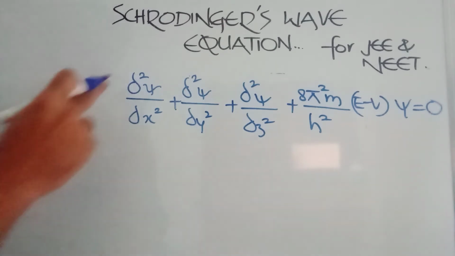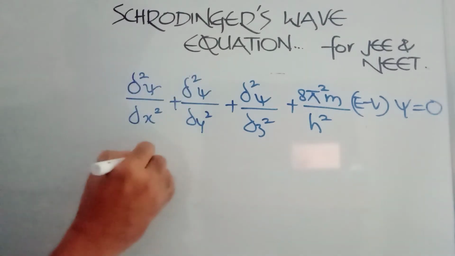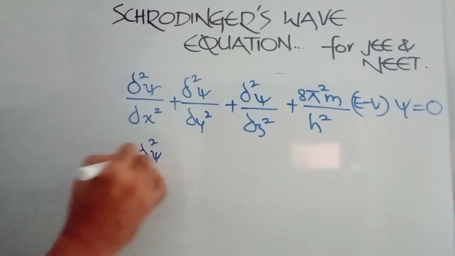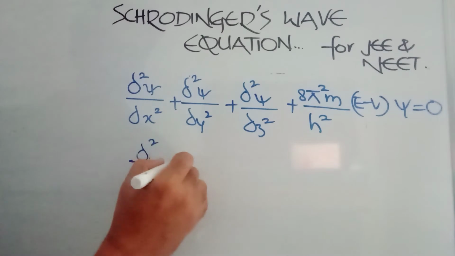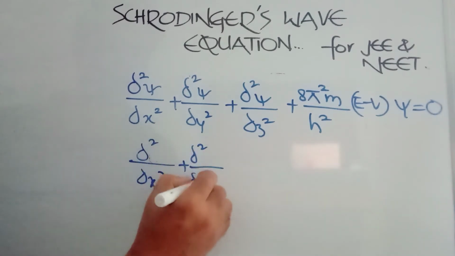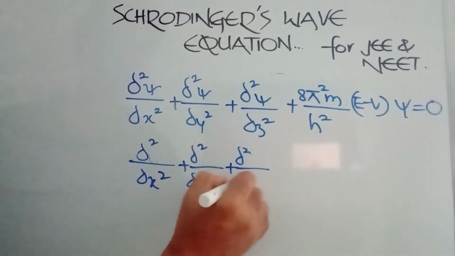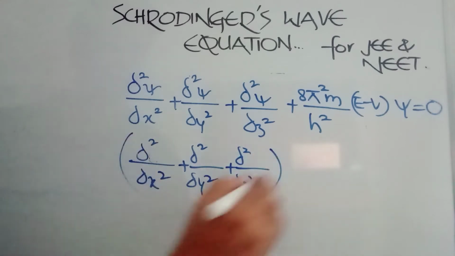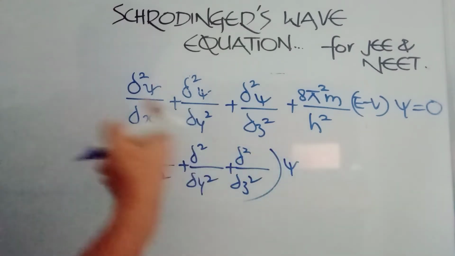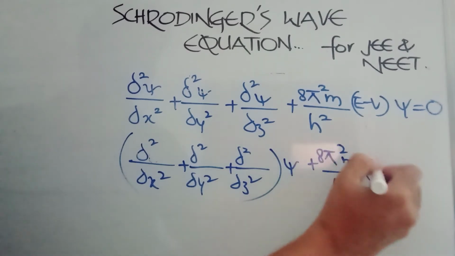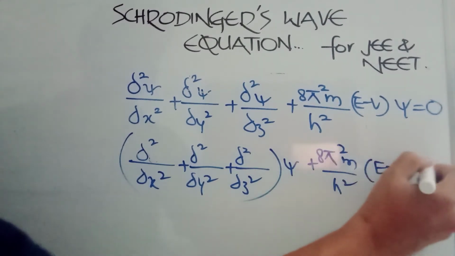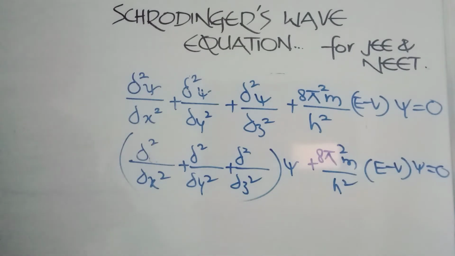If you take psi common here, we get (∂²/∂x² + ∂²/∂y² + ∂²/∂z²)ψ + (8π²m/h²)(E − V)ψ = 0.